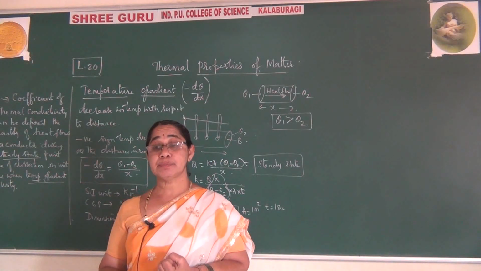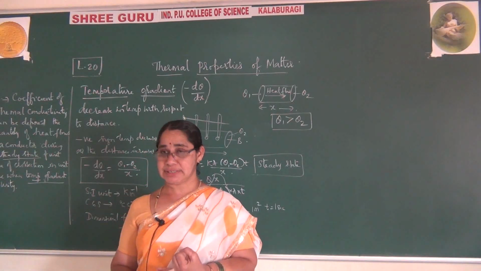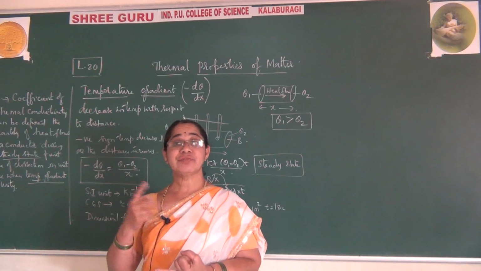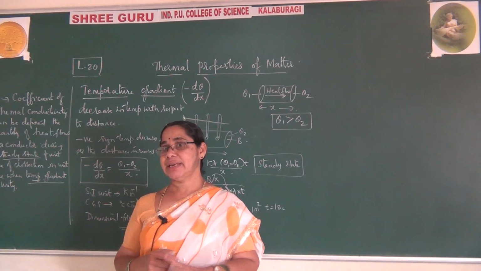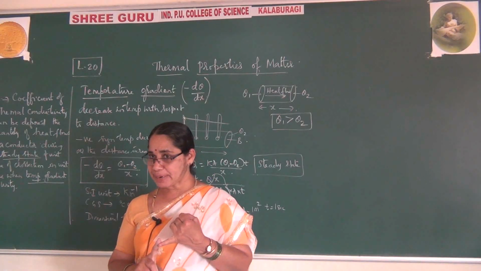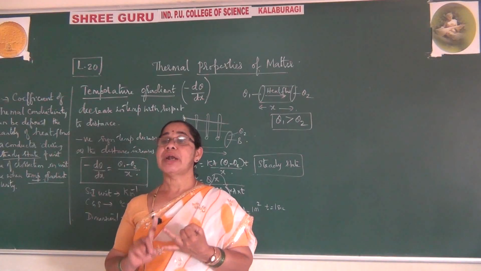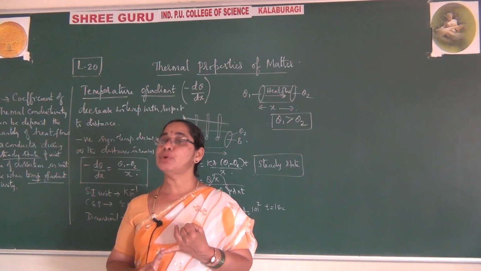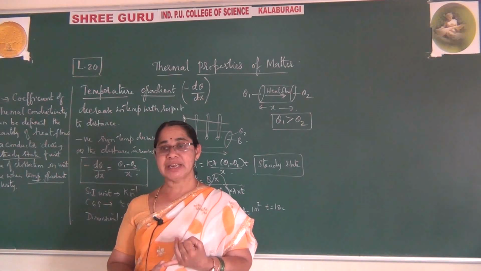What is the second point? On what factors does the thermal conductivity depend? They ask this question for 2 marks. Yesterday I taught there are 4 factors. Quantity of heat is directly proportional to area of cross section. Quantity of heat is directly proportional to temperature rise, that is nothing but the difference in temperature.